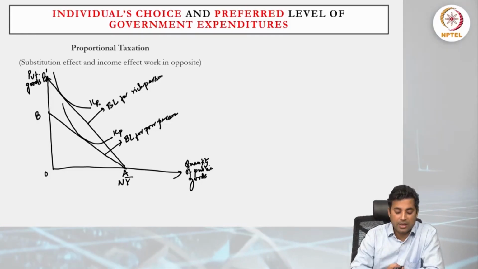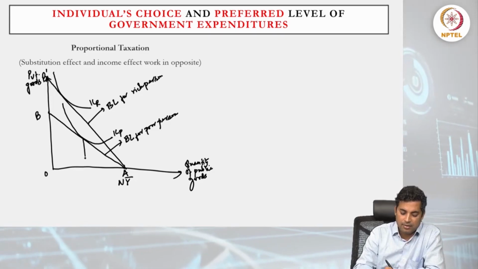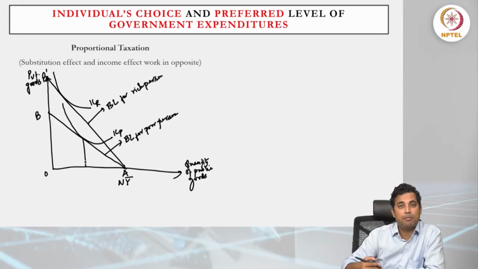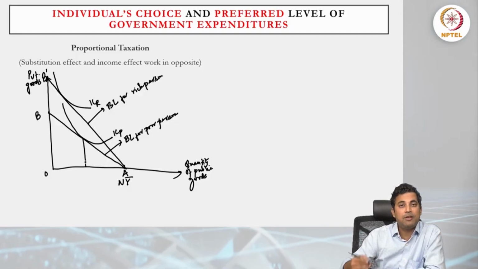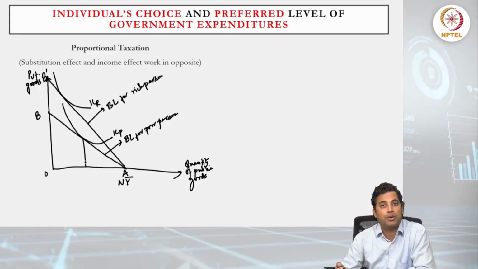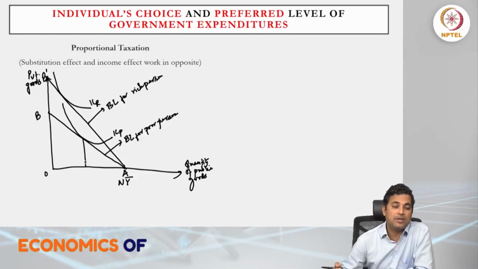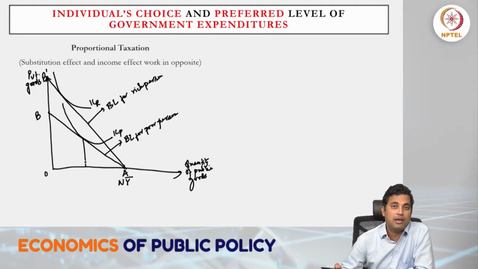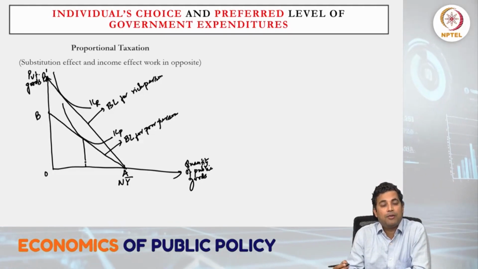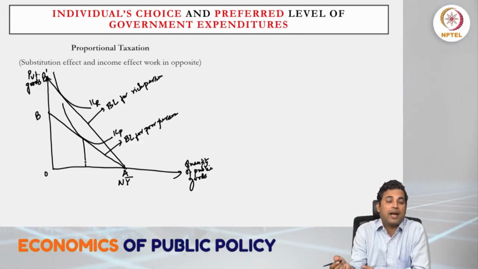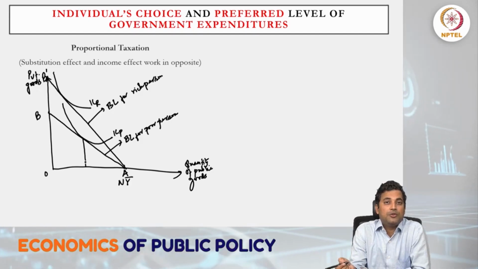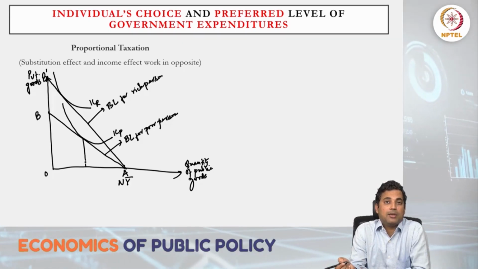Under proportional taxes we see that as income increases, tax needs to be paid proportionately more. Even for poor people, if their income increases, the poor person also has to pay more taxes. Generally, the tendency will be that if a poor person pays more taxes for availing public goods, then that poor person will consume a greater quantity of public goods.